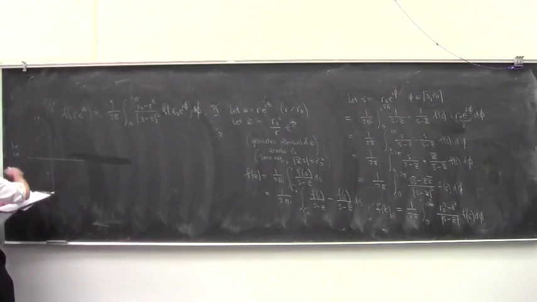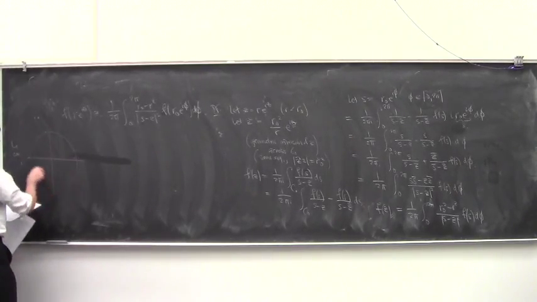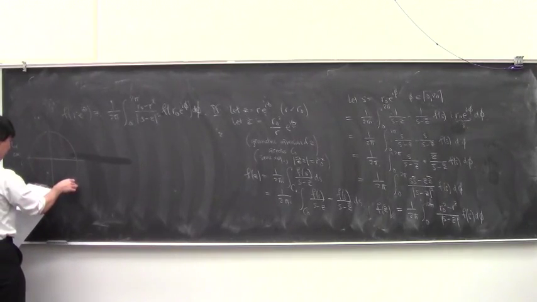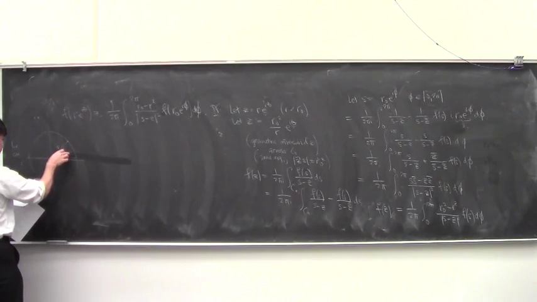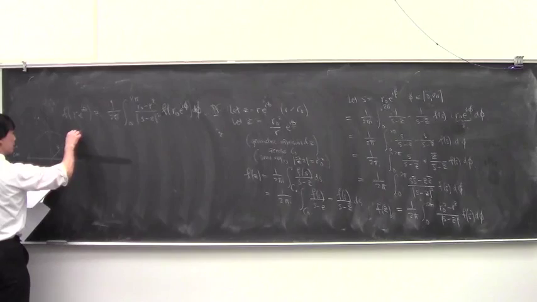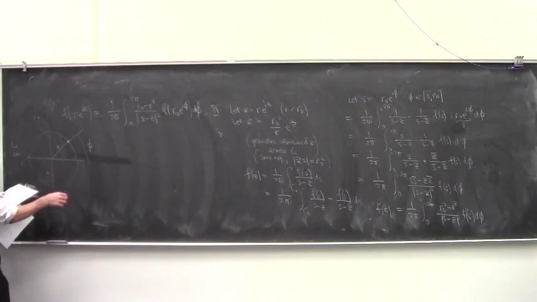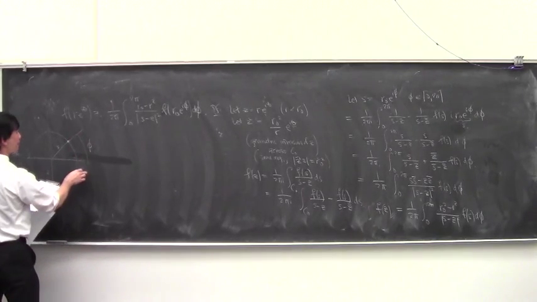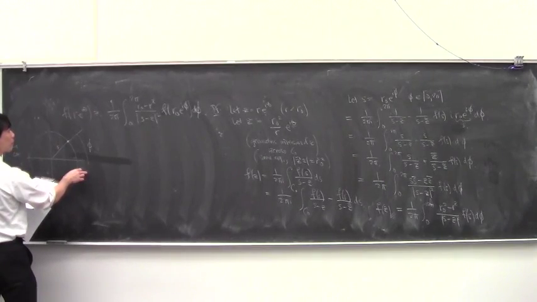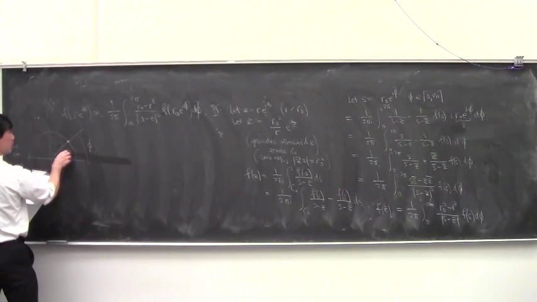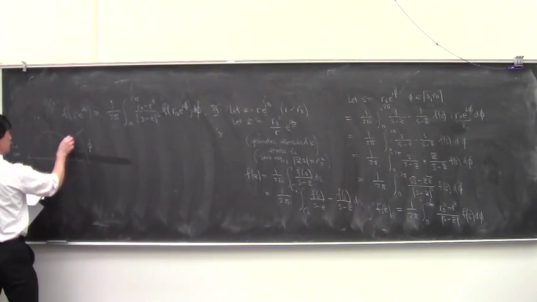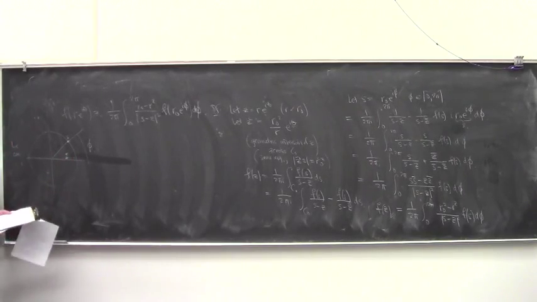If we have this point, this length is s. This is phi. I mean, sorry, this point is s. This point is z.